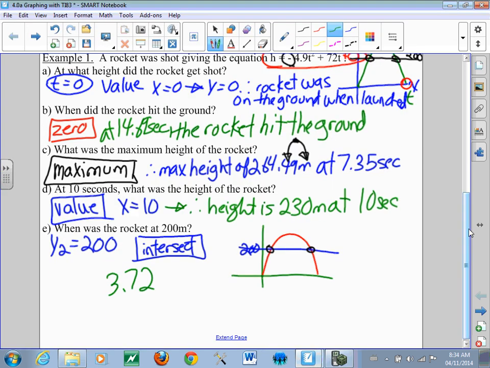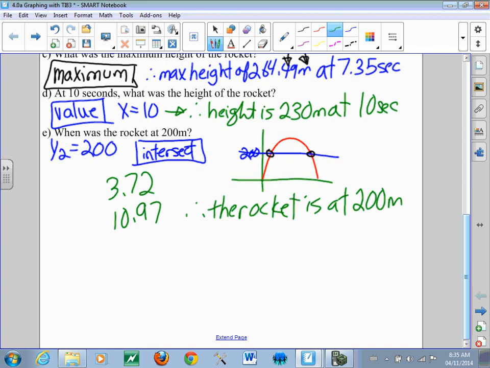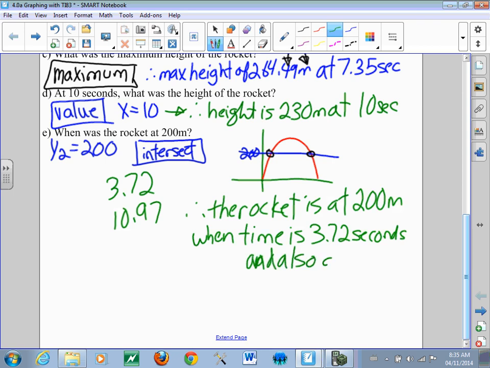So we had 2 answers there. One was 3.72, one was 10.97. Okay, so therefore the rocket is at 200 meters when time is 3.72 seconds and also at 10.97 seconds.